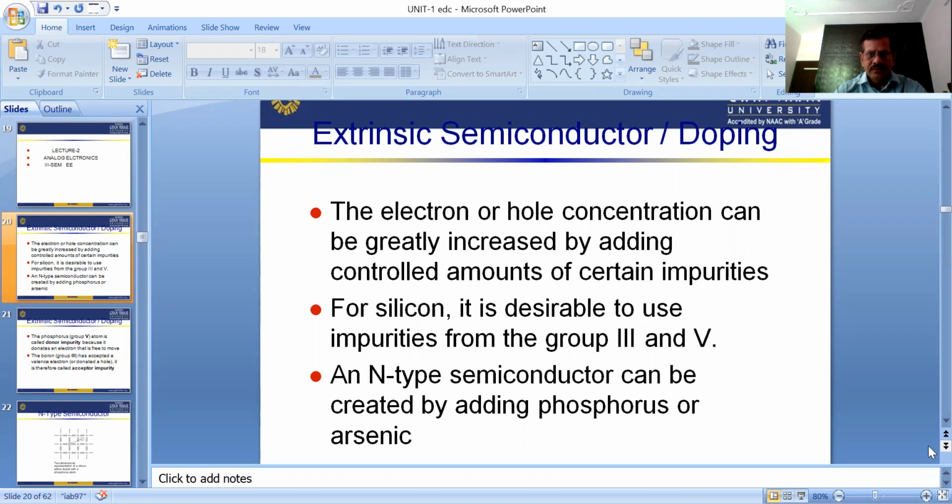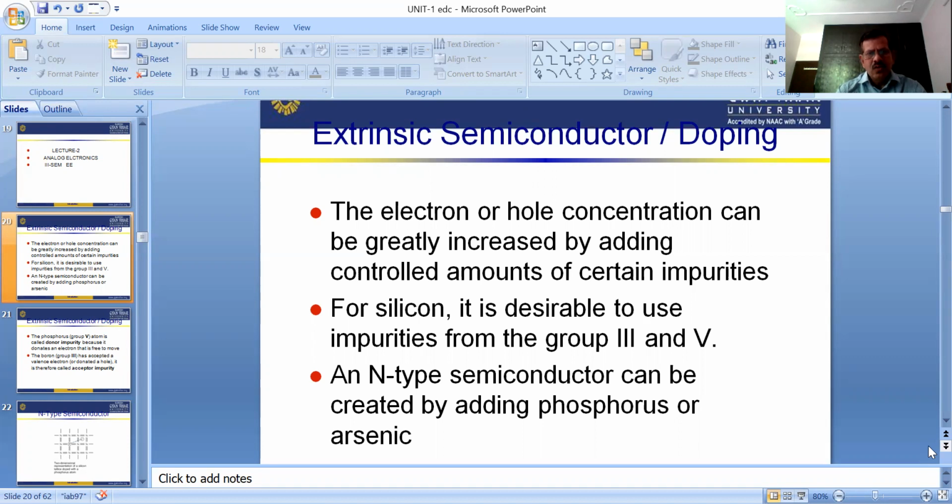For example, for silicon, it is desirable to use impurities from group three and group five. An N-type semiconductor can be created by adding phosphorus or arsenic.